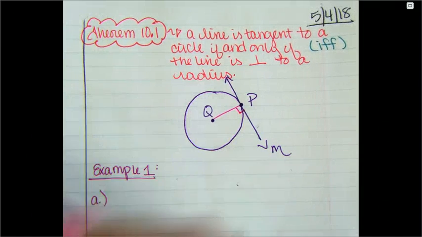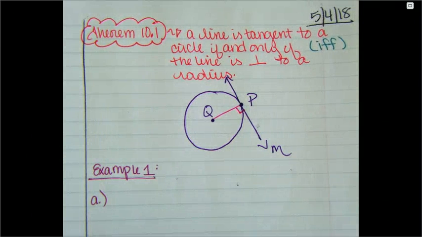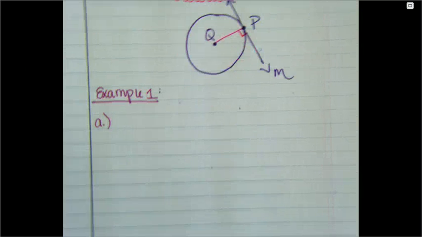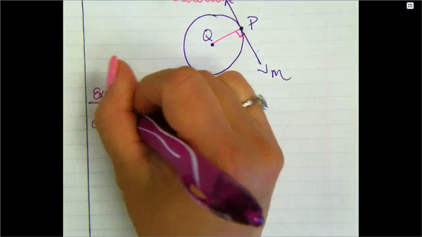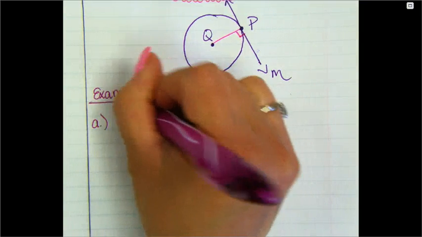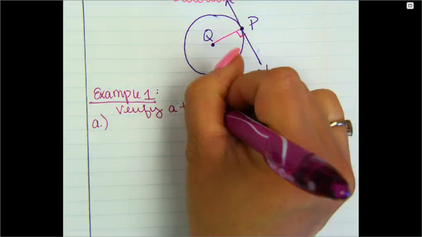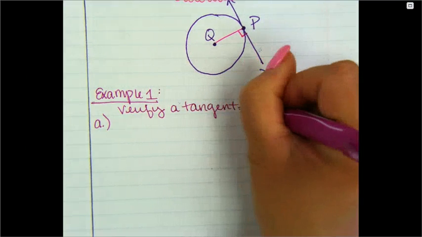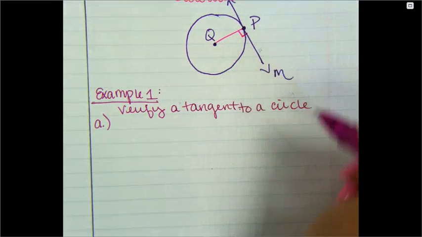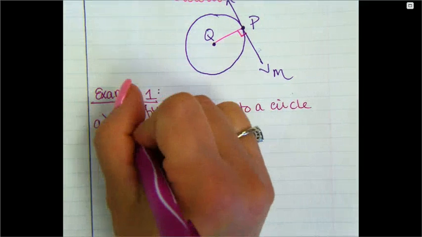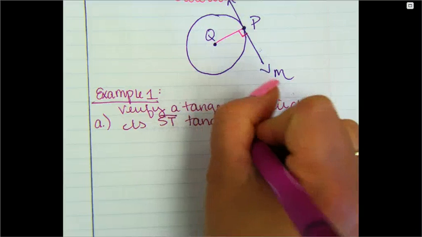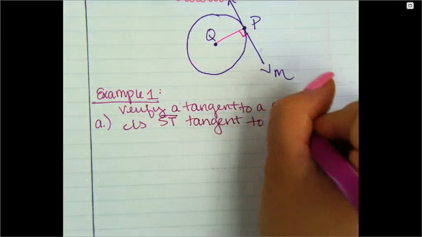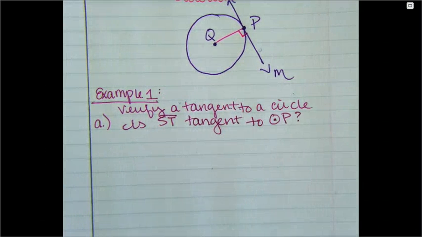First type of example, here we go. It says verify a tangent to a circle. And it says is segment ST tangent to circle P. Didn't we just come out of a chapter of right angles?